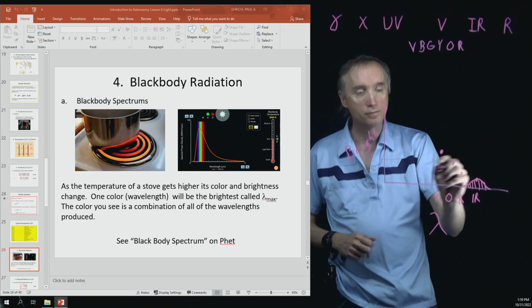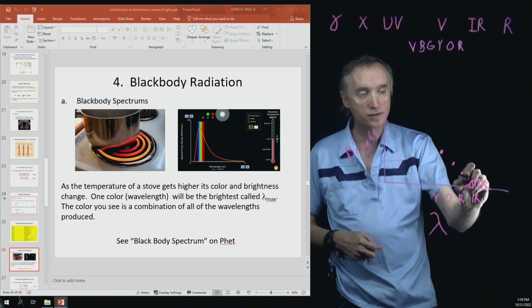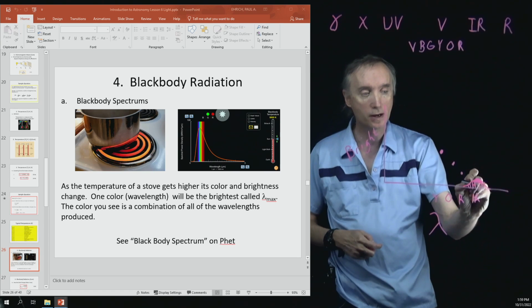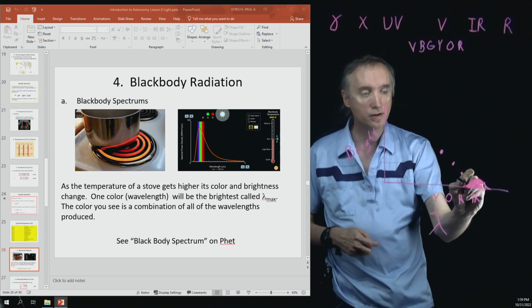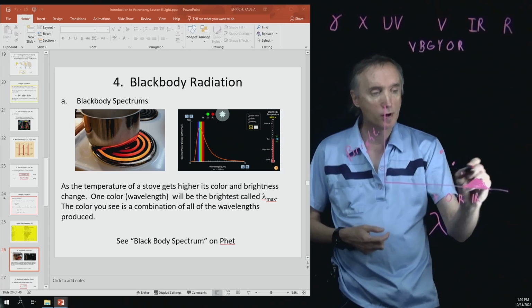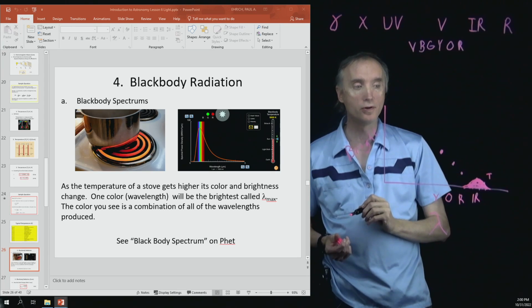So again, most of the light being emitted by the stove is where this thing is at its maximum, and so that's in the infrared part of the spectrum. So let me just go ahead and color this in so that you can see all that. Okay, now this represents a low temperature, so I'll put a small t.